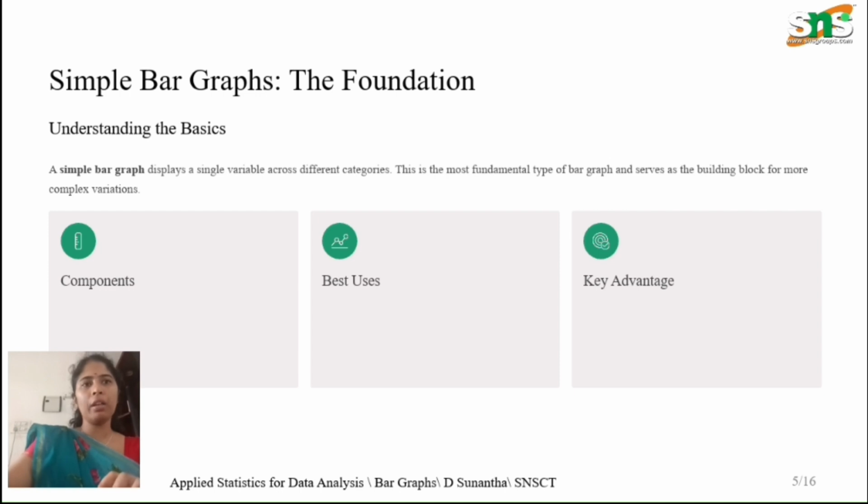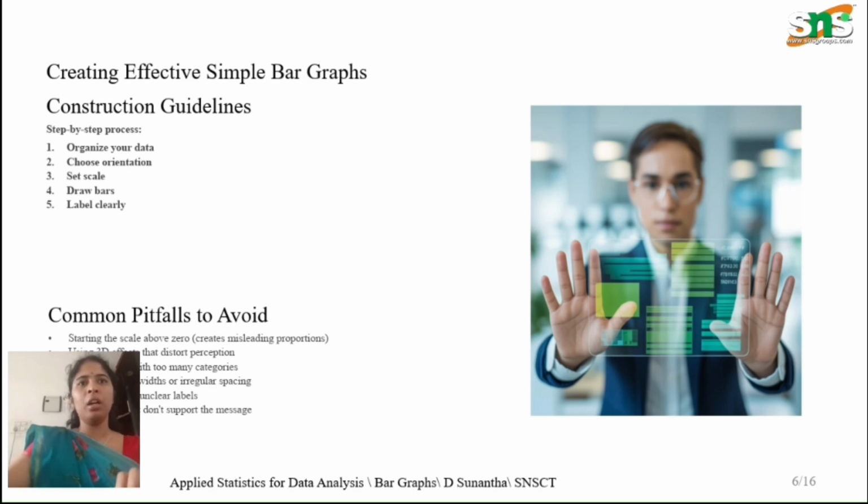Simple bar graphs are easy to construct and interpret, making them ideal for introductory statistical data. Next are the guidelines. Organize the data, choose a suitable scale, draw bars of equal width, maintain equal spacing, label both the x and y axes. Next, mention units wherever necessary.